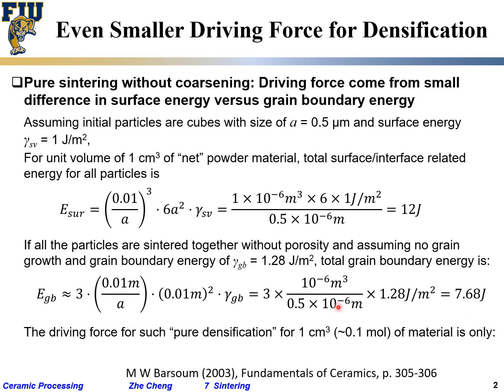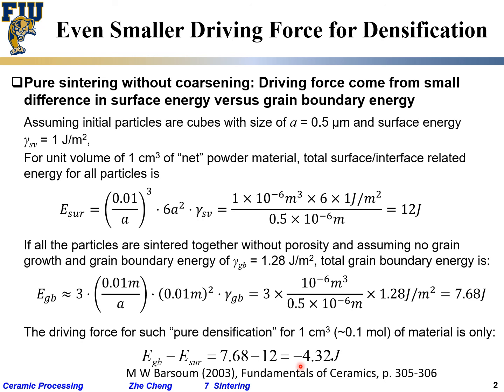And as a result, the driving force for so-called pure densification, which means from individual separated particles to grains of the same shape and size, the difference is grain boundary total minus initial surface, only 4 joule, minus 4 joule. Also an even smaller number.